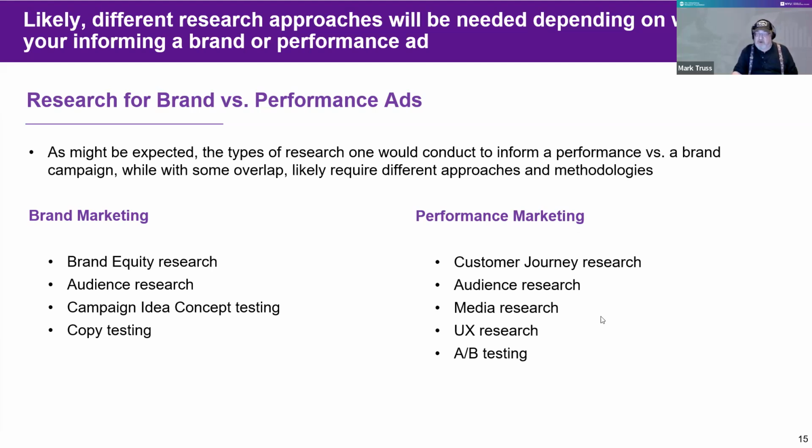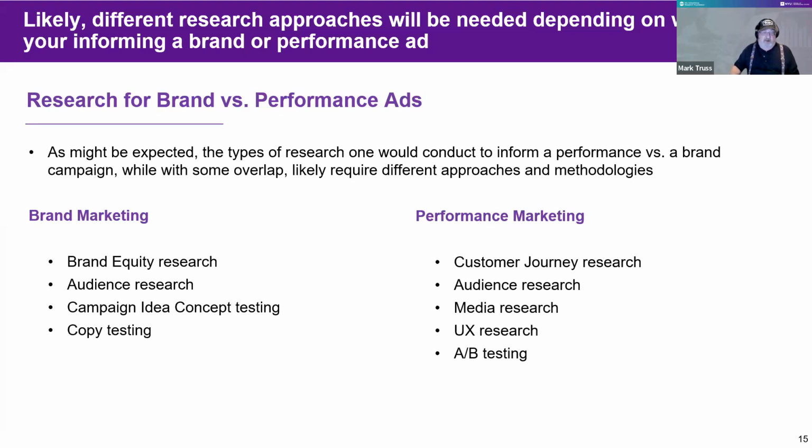With performance marketing, it's a little more about customer journey. How do people navigate from I have a need to I make a purchase? A little bit of audience research too. Certainly media research: where am I going to find them? And which types of media outlets do they tend to use on that journey to get to that purchase?